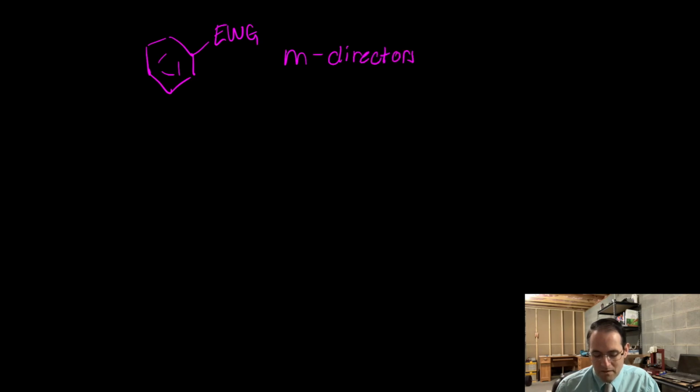All the electron withdrawing groups, doesn't matter what kind they are, are going to be meta directors, okay? Now, the Klein textbook jumps into all these reactions explaining how it's a meta director. I'll do that in the next couple videos, okay?